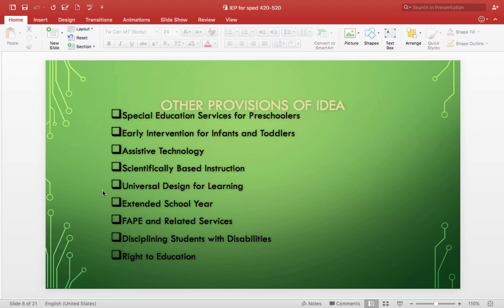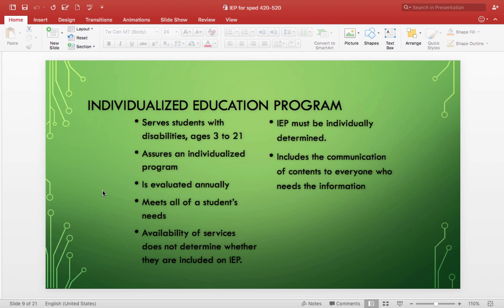And we also want to make sure that we are disciplining students with disabilities. Now remember, discipline does not mean that we are punishing them. We are building structures so that they have a better way of managing their frustrations and so that they can advocate for themselves. And we always remember that they all have a right to education.